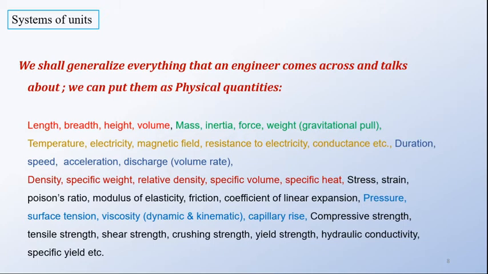So these are the things that we will be talking about in engineering overall, or whenever we study mechanics, right? So we should know in what ways the things are measured.